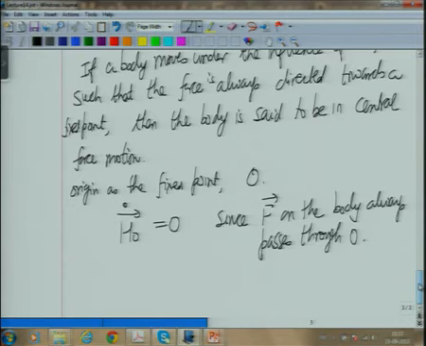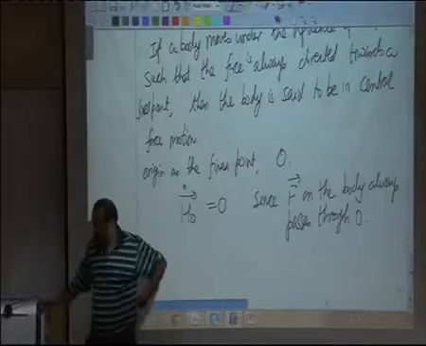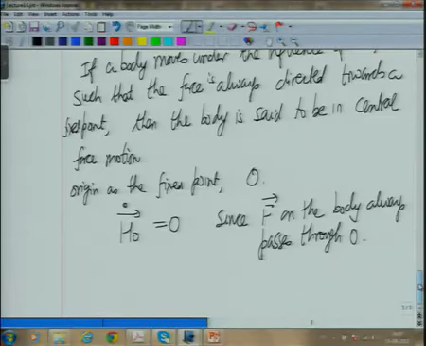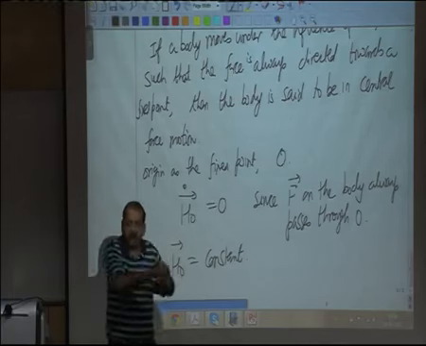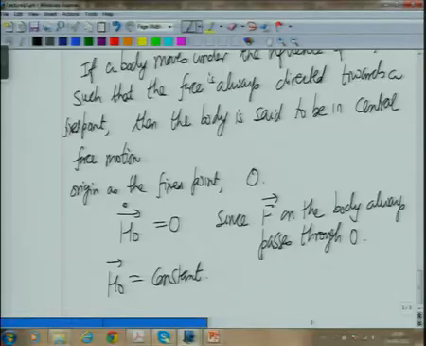Now because we are taking moments about point O, it will always be 0. The force is always passing through O. So that means HO dot will be equal to 0, and for such a body H about O is constant. So if a body is under the influence of a central force motion, its angular momentum about this point O will always be constant.